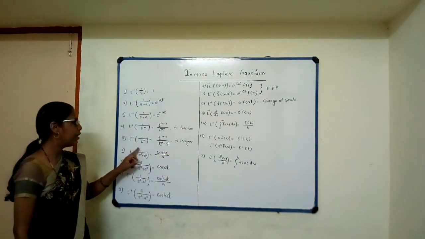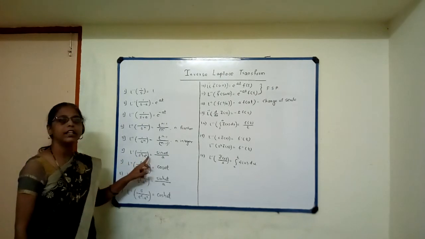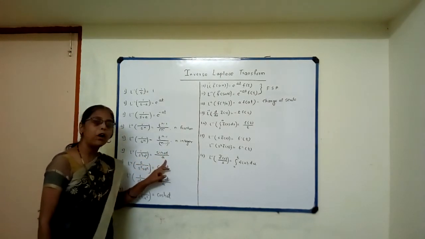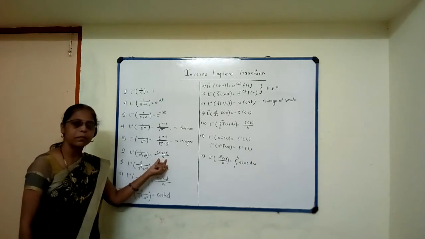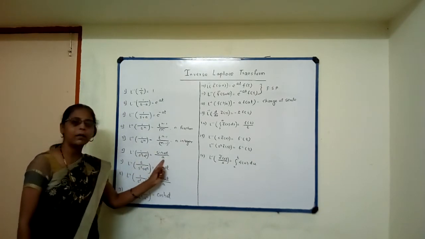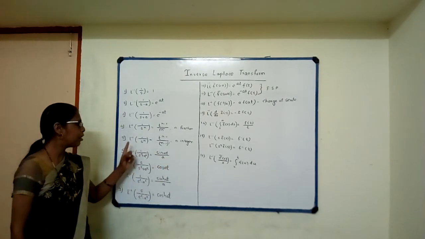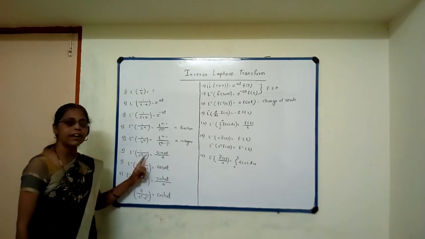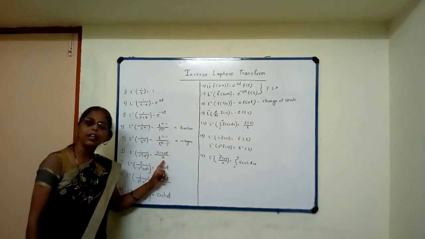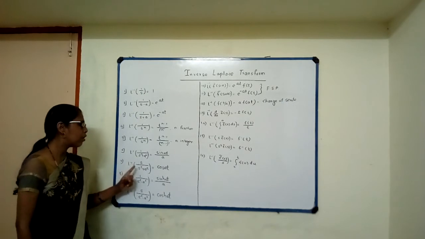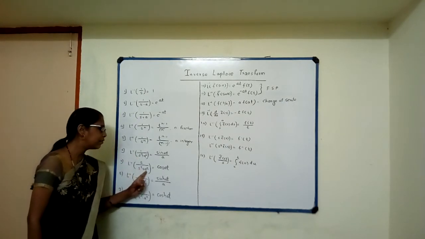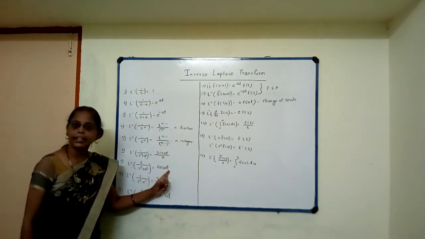Laplace inverse of 1 upon s square plus a square is sin at upon a. You have to remember this step. For sin at you have to divide by a. So Laplace inverse of 1 upon s square plus a square is sin at upon a. Laplace inverse of s upon s square plus a square is cos at.